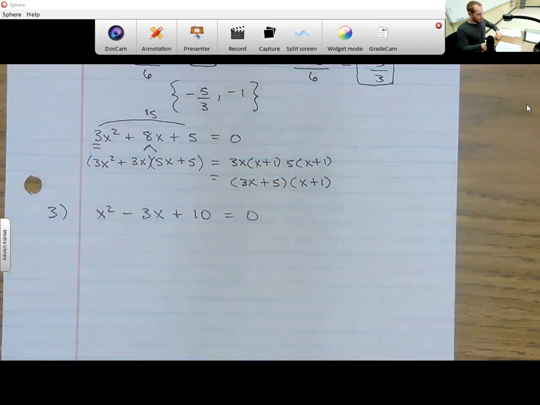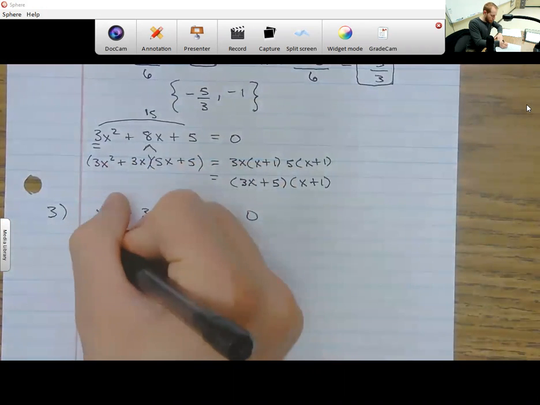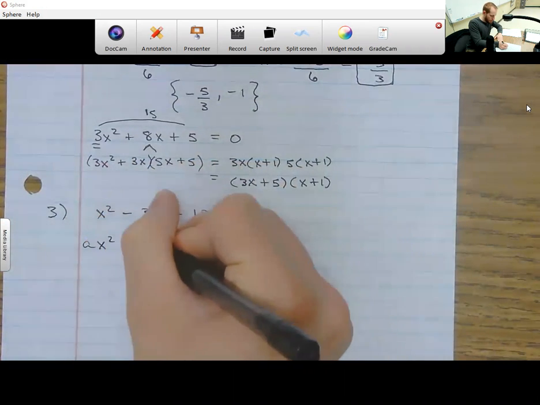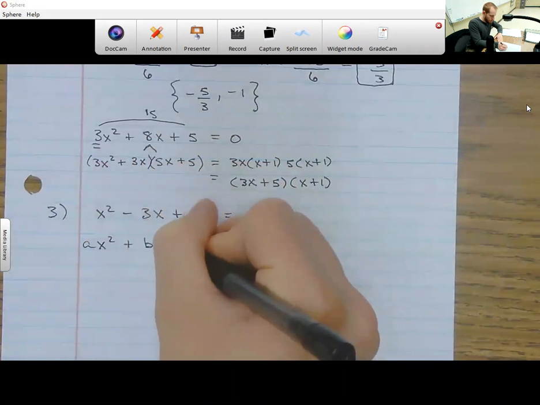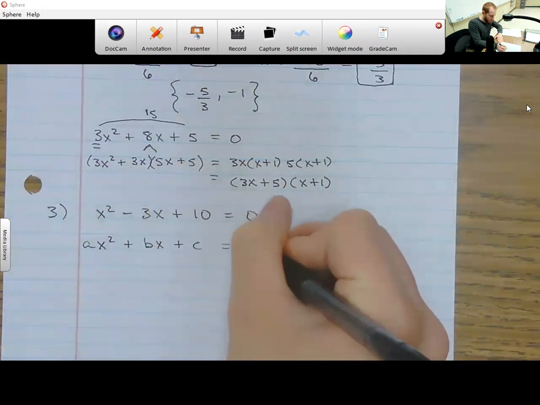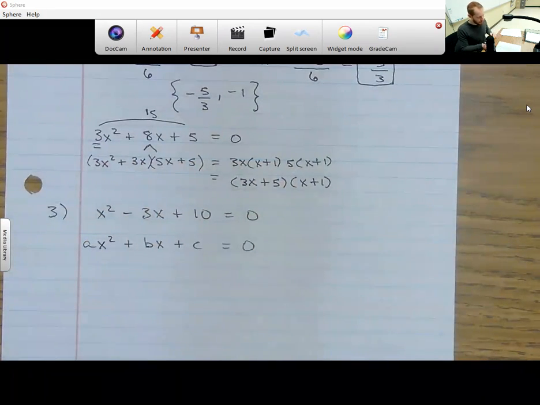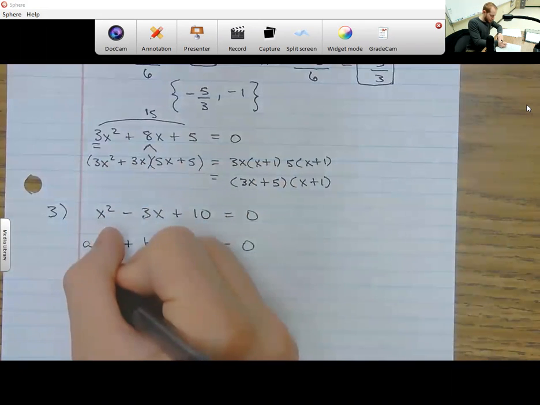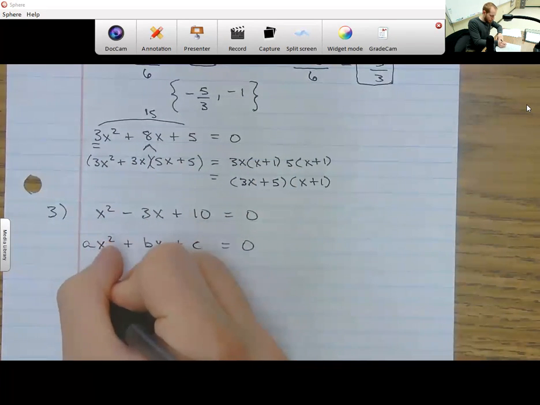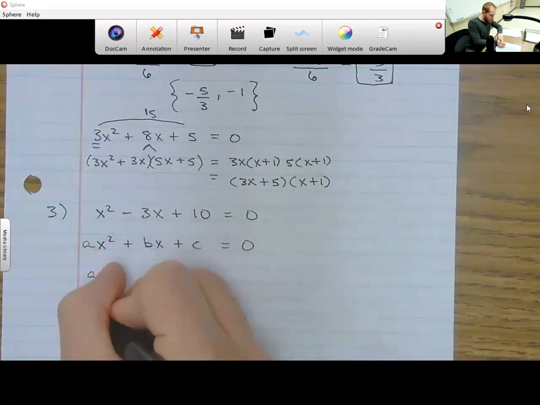Okay. So every quadratic equation is going to be in the form ax squared plus bx plus c equals 0. So before we do the quadratic formula, we need to figure out what our a, b, and c are going to be. A, b, and c.